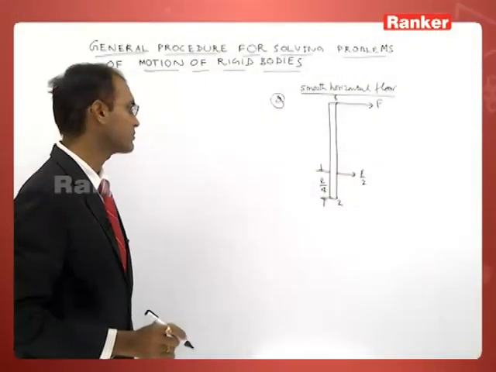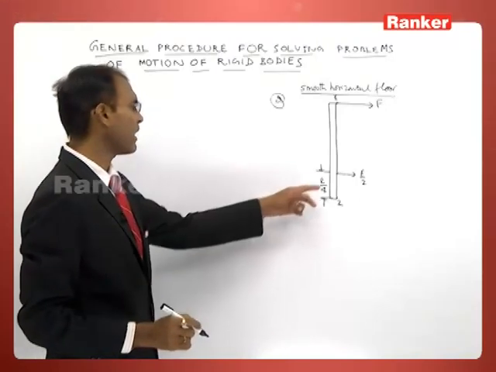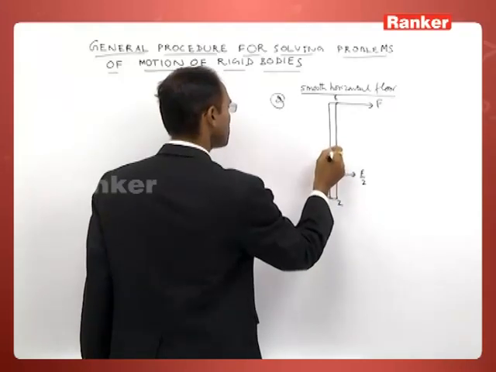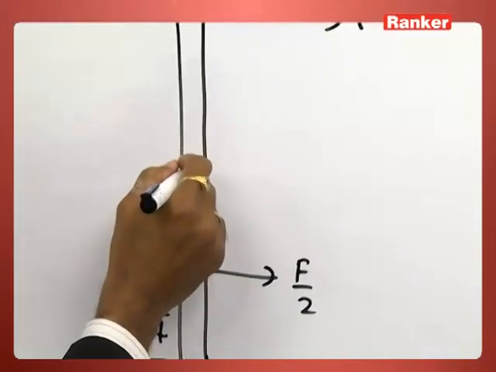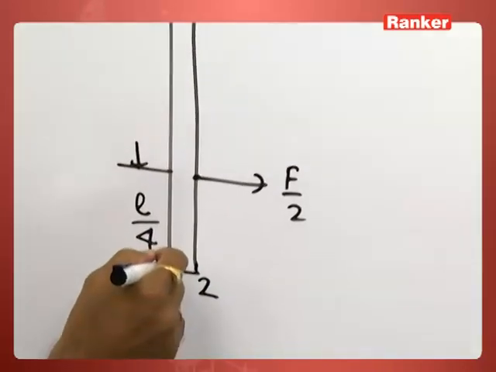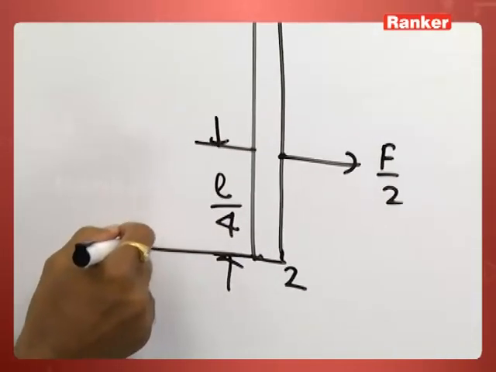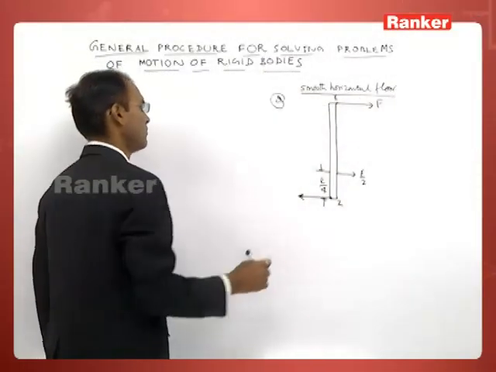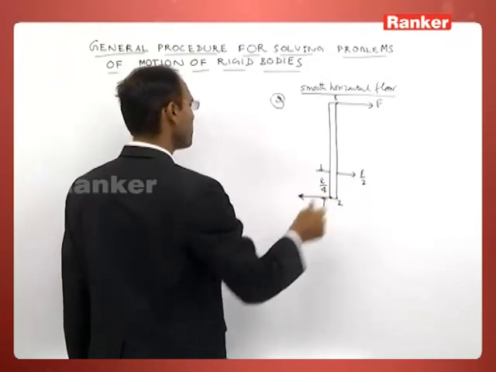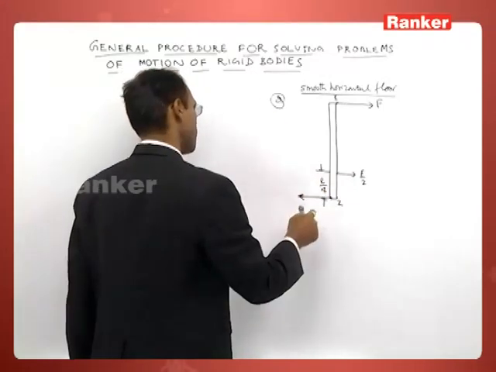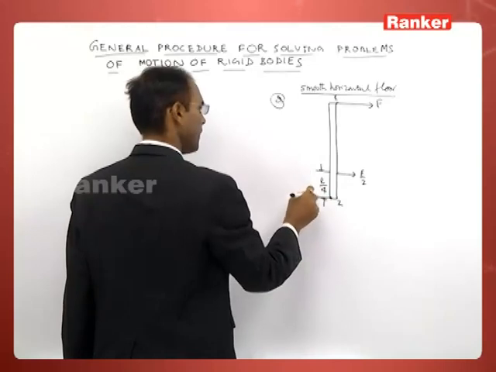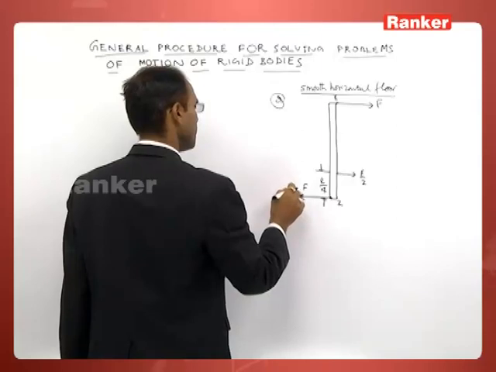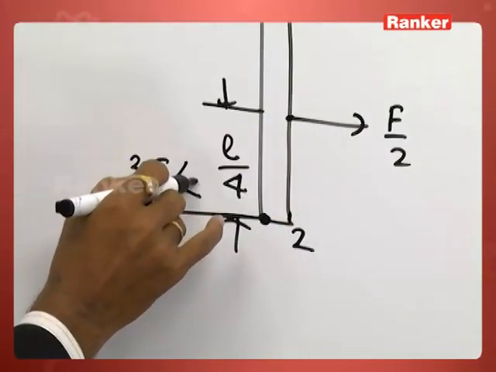The rod is acted upon by two forces, and another force is acting at the point 2 in the opposite direction, towards the left. Let the magnitude of this force be 3F/4.